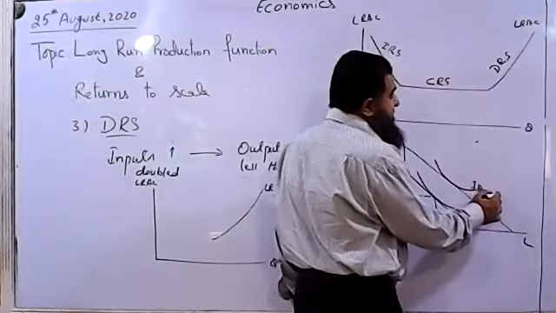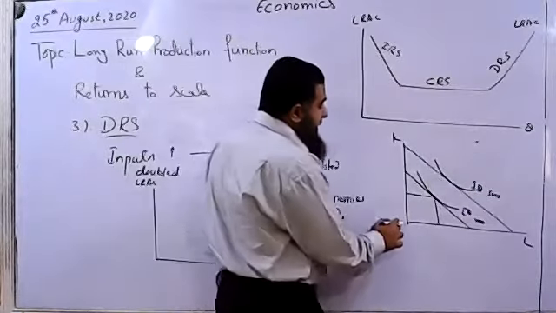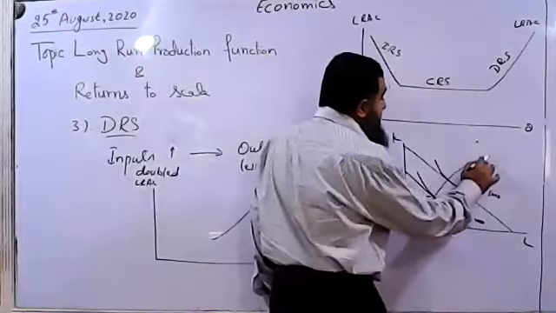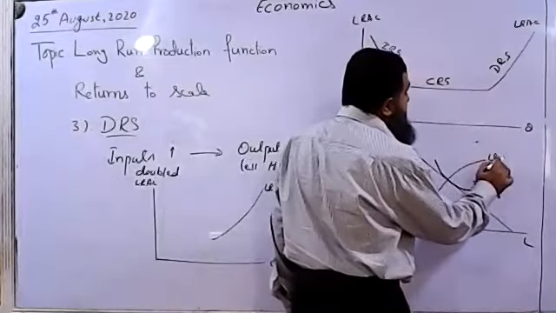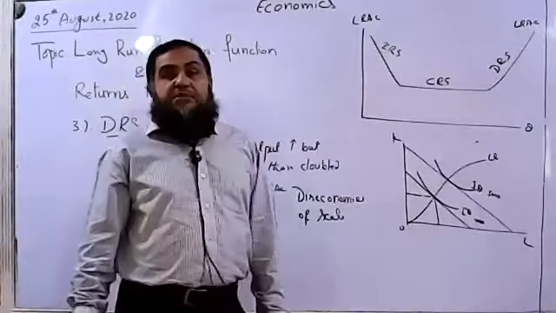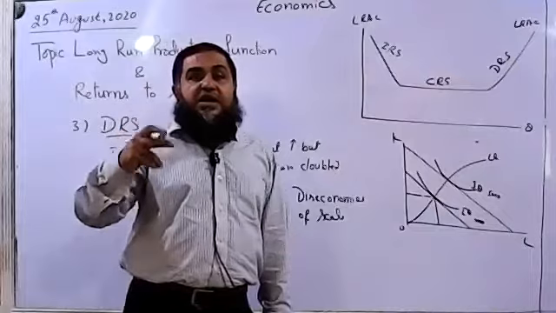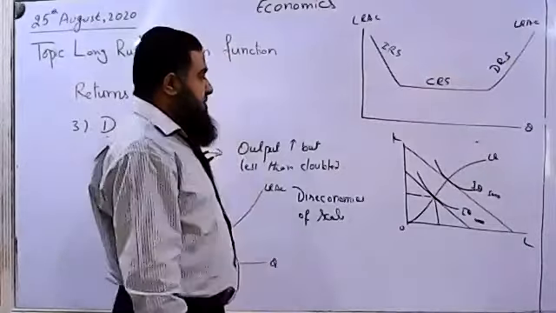I can say 5000 units are produced now by changing the inputs. If we join these points, a long run production function can be achieved. All the optimum points of different time periods, if joined by a line, make a long run production function.